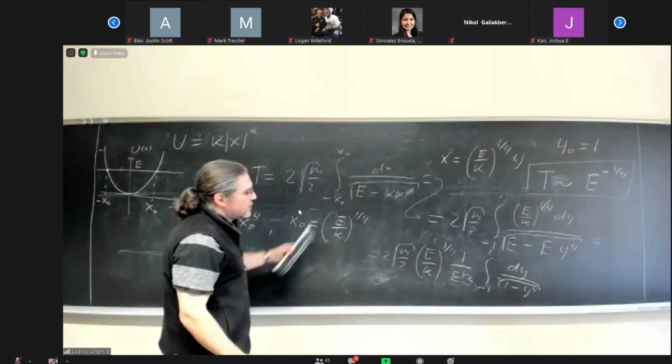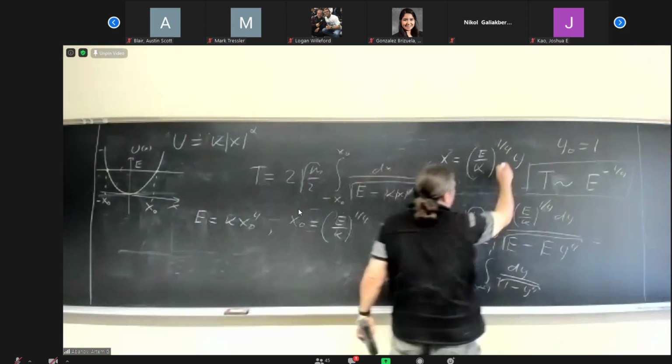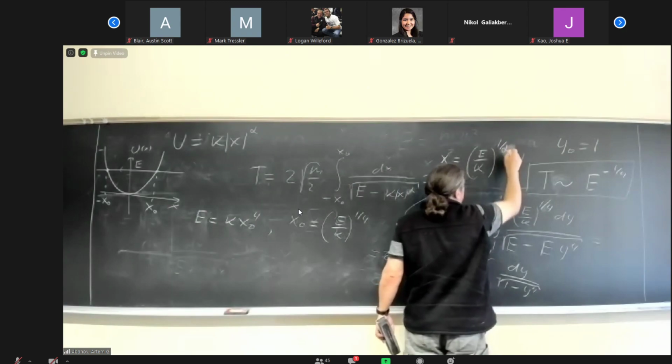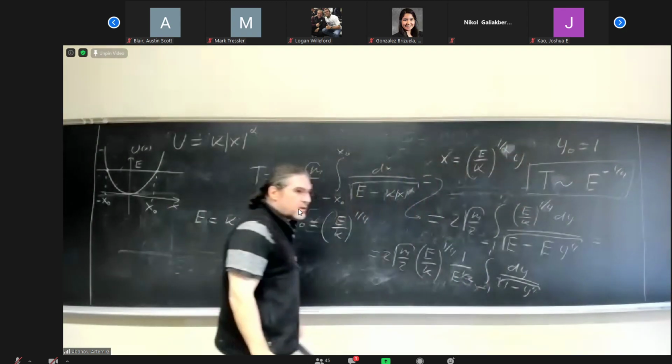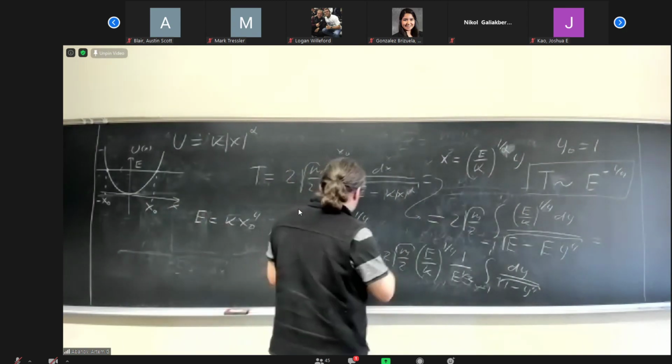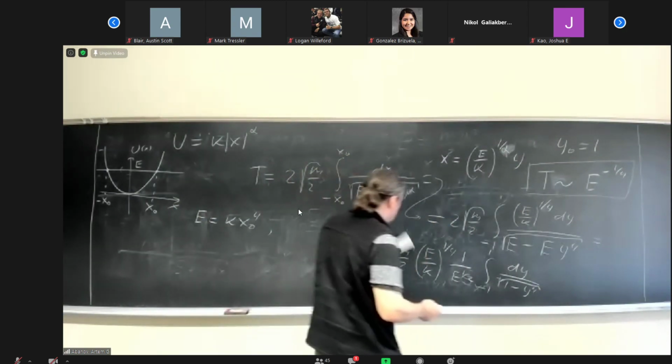And then looking at my solution, I need to make the same substitution, but it's not 1/4, but 1/alpha here.